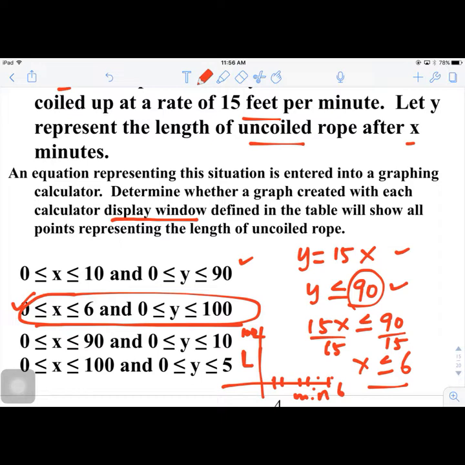So it will be maximum 90. So the most appropriate window is the second one, 0 to 6, and then the y-axis between 0 and 100, which includes the 90. So it's big enough to cover. So I would choose either first one or second one, but most appropriate, I would choose second one.